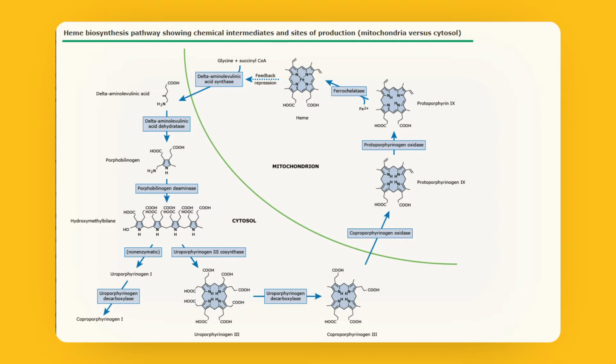And porphyrins are the major precursors of heme, which is important for hemoglobin, obviously the oxygen carrying molecule, myoglobin for the muscles, and the liver.